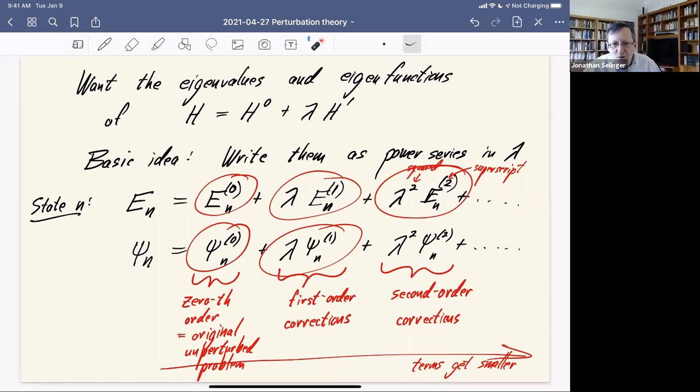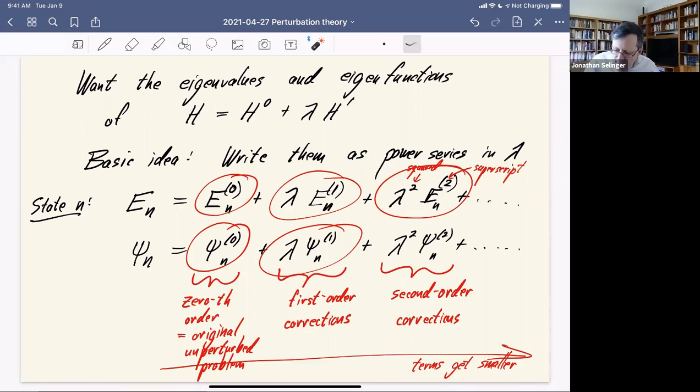But the thing you really want to remember is this term, because it really is pretty simple. If you want to know this change, you just take the old wave function and calculate the expectation value of the perturbation like that. And that's all. That's not too hard to do, and that's the thing people most commonly would ask you in perturbation theory.